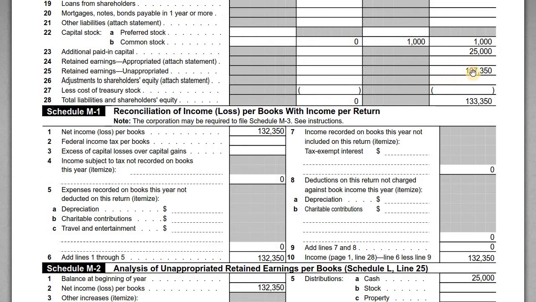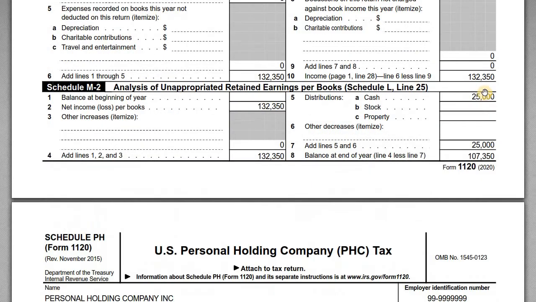And in order to make it balanced, you just flip the $25,000 up to APIC or some other adjustment to shareholder equity, just to let the evidence on the books that there was a deemed distribution of retained earnings. The cash just wasn't actually shelled out.